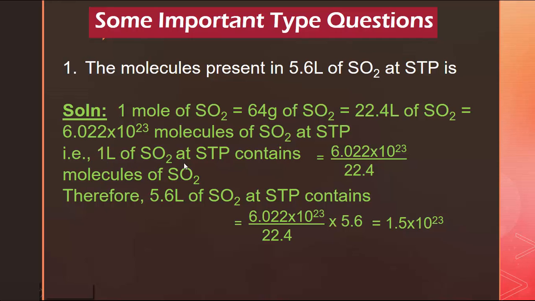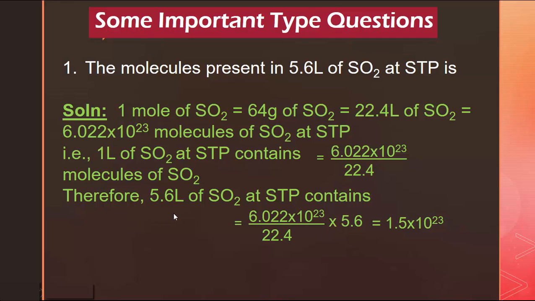1 liter of sulfur dioxide at STP will contain how many molecules of sulfur dioxide? If you were to calculate that, that can be done by dividing Avogadro number of molecules by 22.4 liter, because we are talking in terms of liter. In the numerical, the value is given in liter as 5.6 liter.